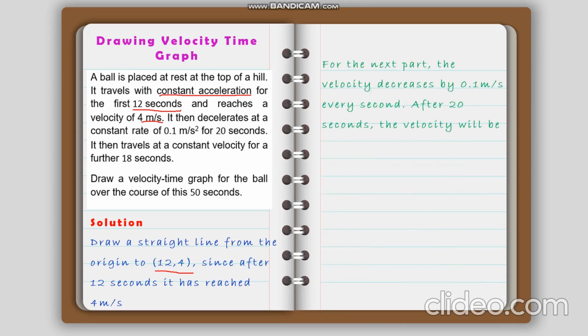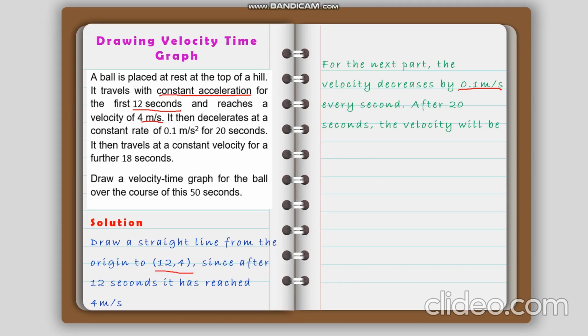Next, we know that for the next 20 seconds, the ball was decelerating at a rate of 0.1 meters per second squared. What this simply means is that the velocity of the ball was decreasing by 0.1 meters per second every second.